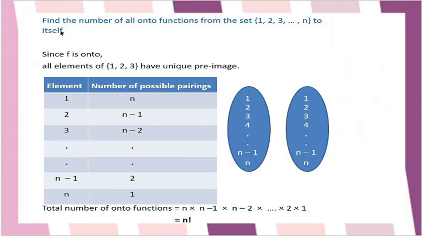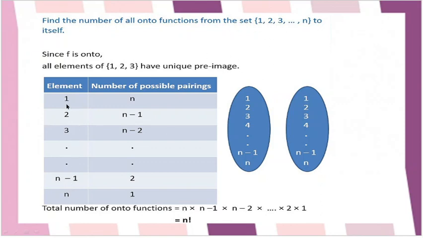Now, let's come to our question. Find the number of all onto functions from the set {1, 2, 3, ..., n} to itself. Since f is onto, all the elements have pre-images. Same way here, let's check for this set.